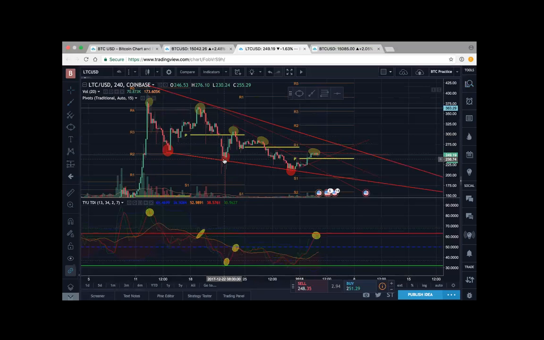So I would have been buying in at $230 and taking profit at $293, and I would have been looking for a sell, because overall the market is trending down. So if you were buying, you need to be selling your Litecoins at the cross, because the price is still coming down.